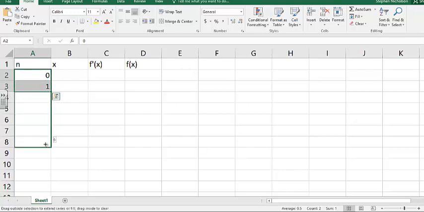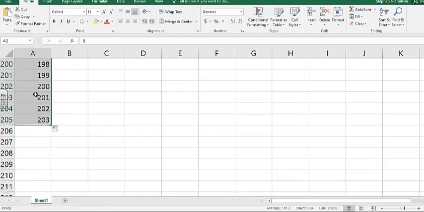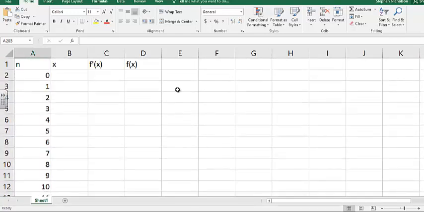You highlight the two cells that you've manually entered, grab the little square in the corner, and drag it down until we get a little past 200. We can always delete stuff when we get there. So we have 200 steps.